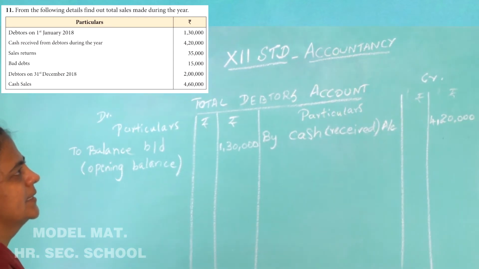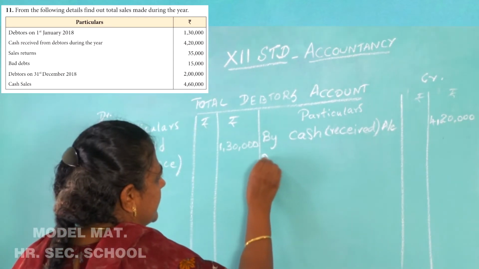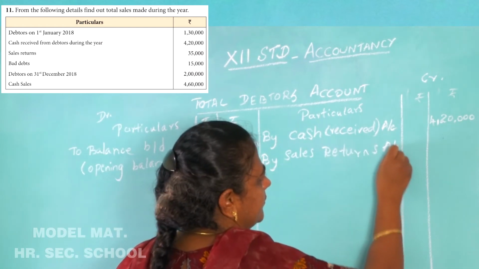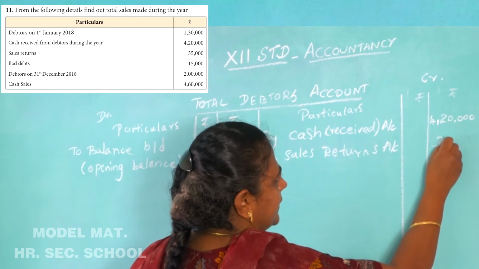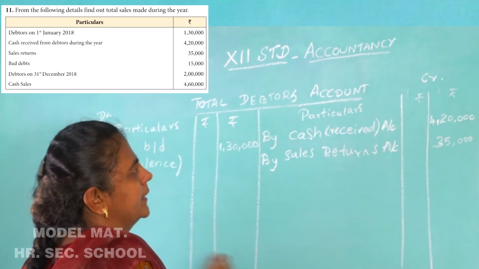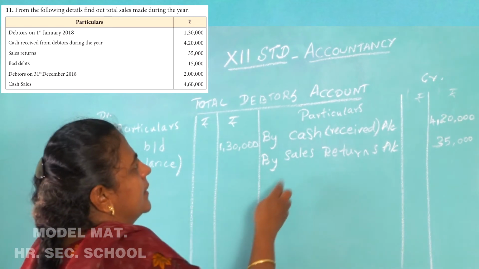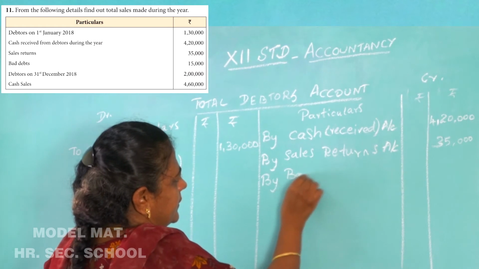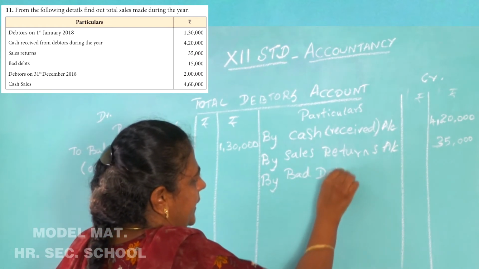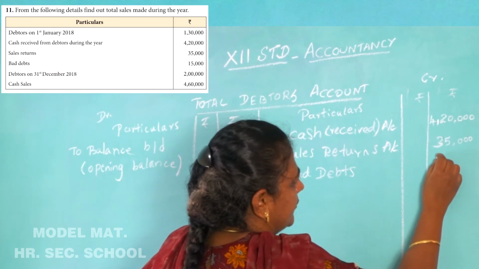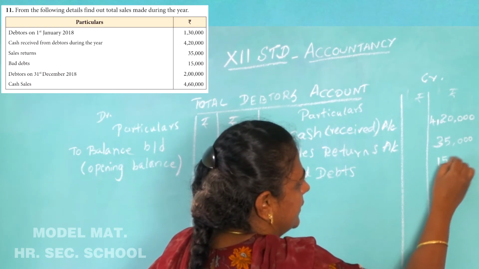Next item is sales return. Right, by sales returns account, 35,000. Next is bad debts, by bad debts, that is 15,000.